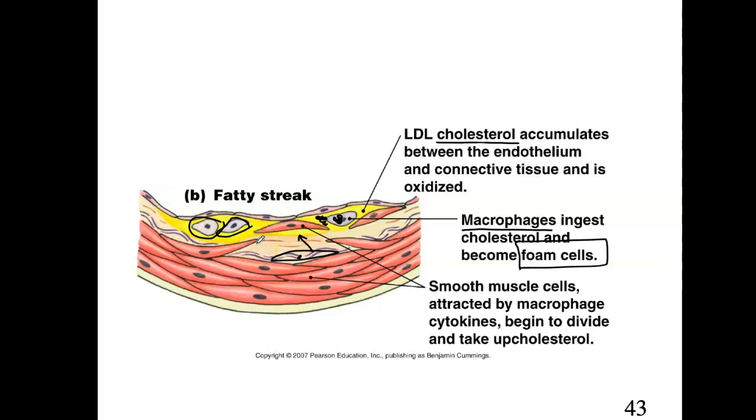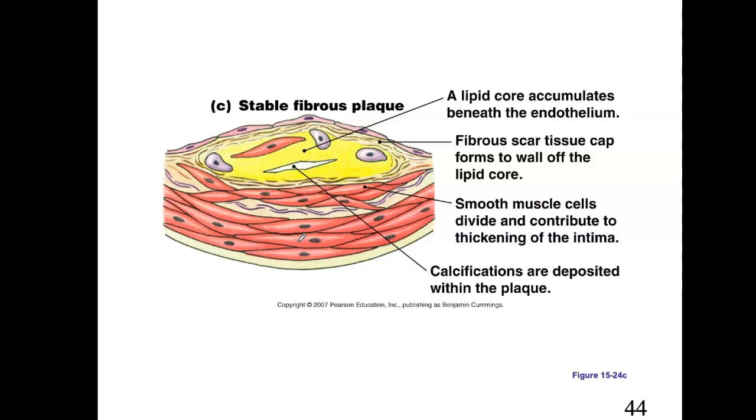It makes more of these cells and they take up that cholesterol also. So now we have foam cells there, and we have these muscle cells that are also engulfing, eating some of that cholesterol.